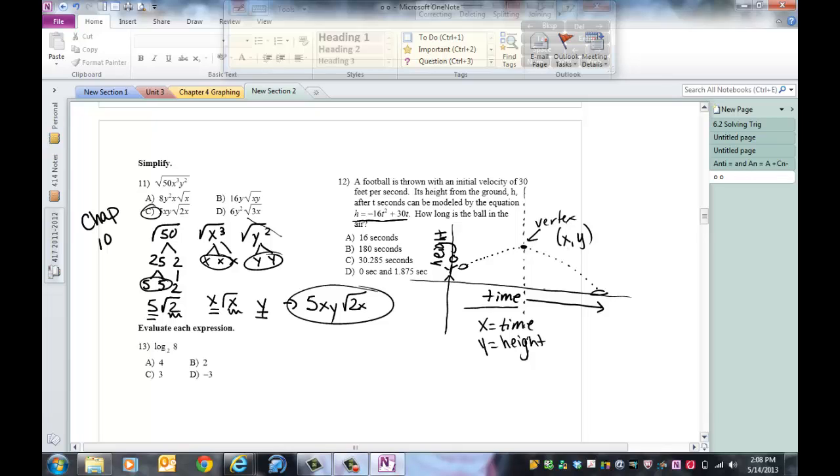This vertex, this x, is going to tell you how long it takes to get to the vertex, which also tells you how long it's going to take to get back to the ground. That's the beauty of parabolas and why they are symmetrical. So in your calculator, go ahead, type in negative 16t or x squared plus 30t, x, graph it, hit your second trace, go to your calc menu, find your maximum.